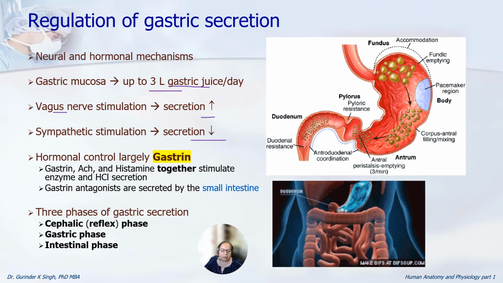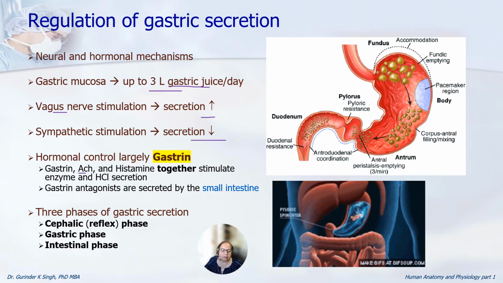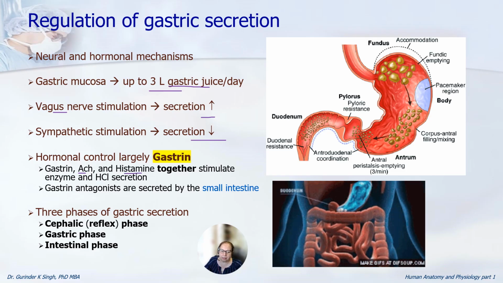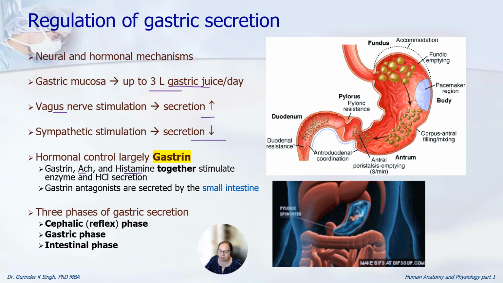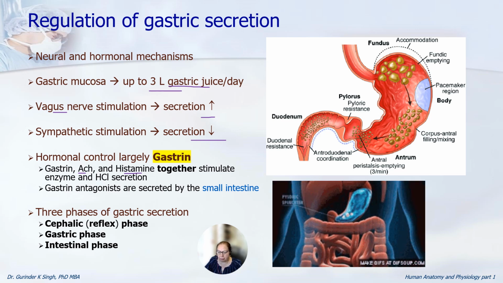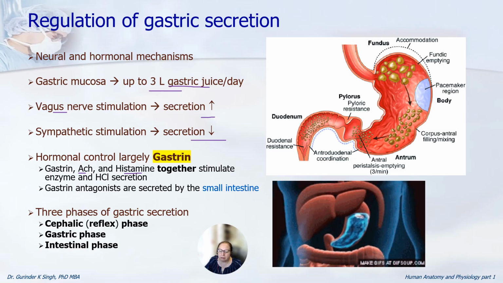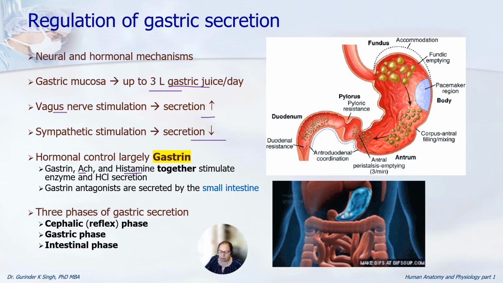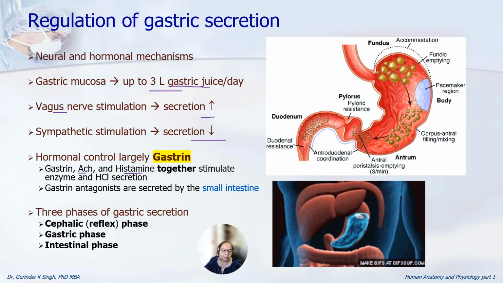Gastrin, along with the neurotransmitter acetylcholine and histamine, can stimulate production of pepsinogen, eventually pepsin, as well as HCl. So the hormone which regulates the gastric secretion is gastrin. The names are very similar, so you can remember it easier.